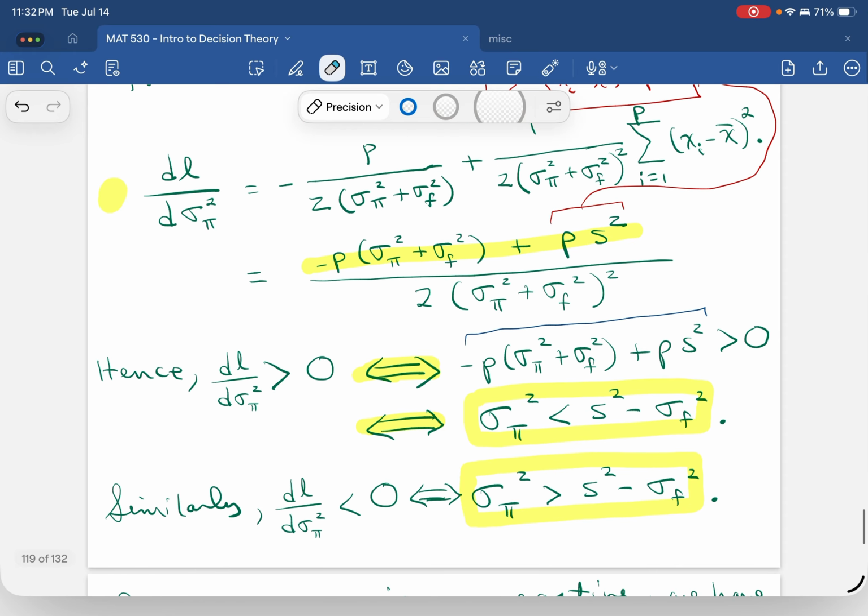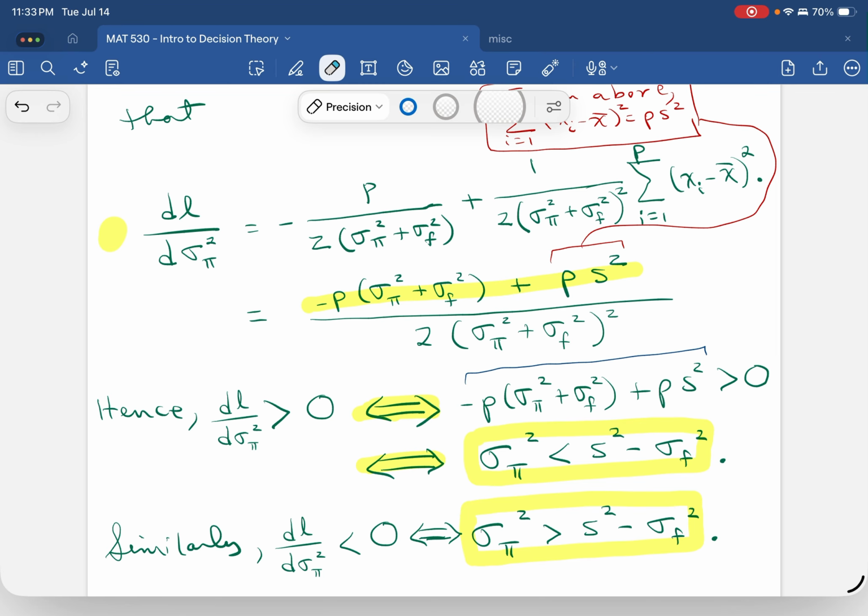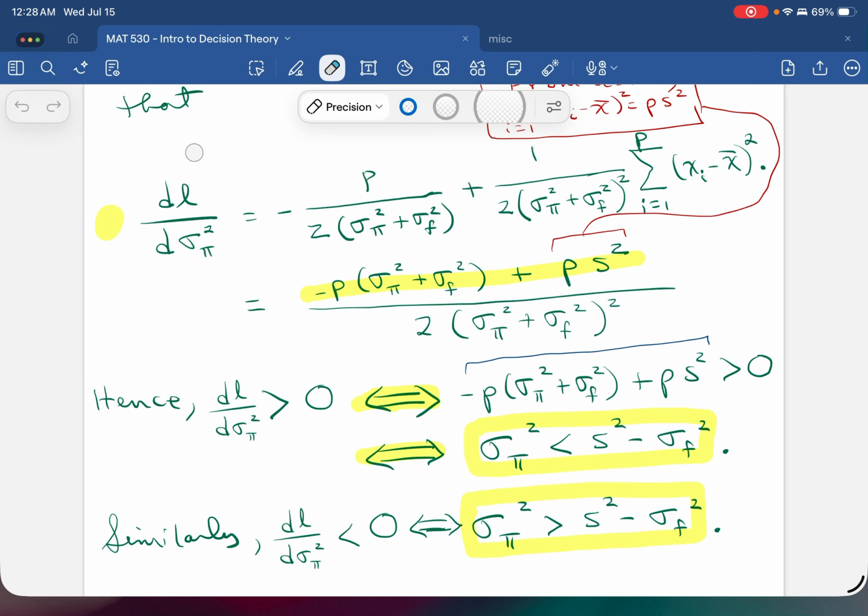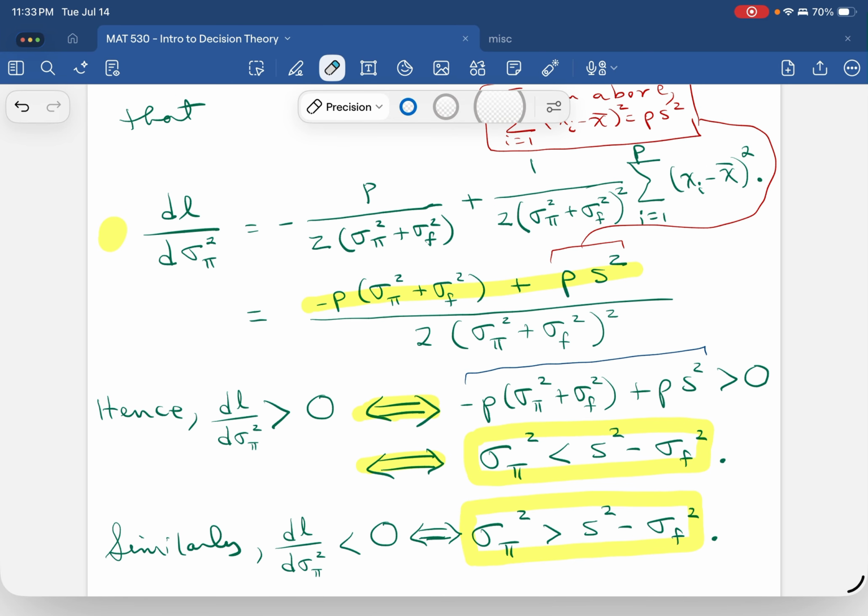And then we finally see that what is equivalent to this condition, that derivative is positive, is this, and what's equivalent to that derivative being negative is what we have here. So that tells us that this log likelihood function increases as our sigma sub pi squared increases up to this value here, and then after that it decreases. So we do have a maximum at that critical point.